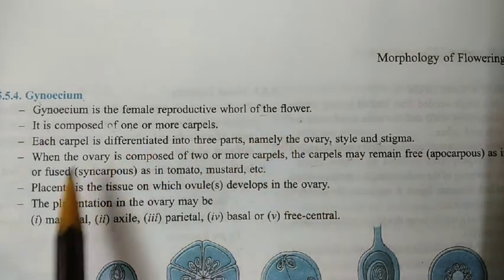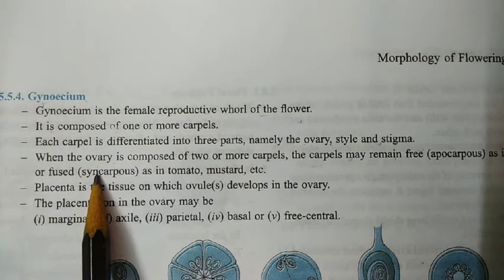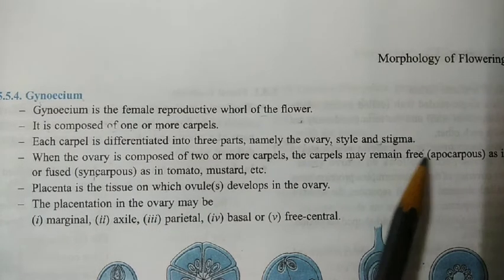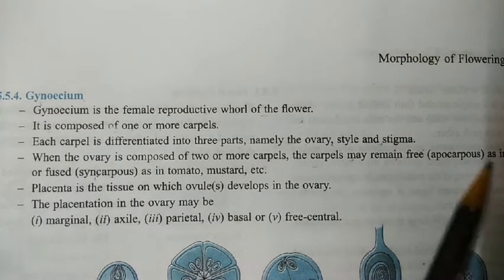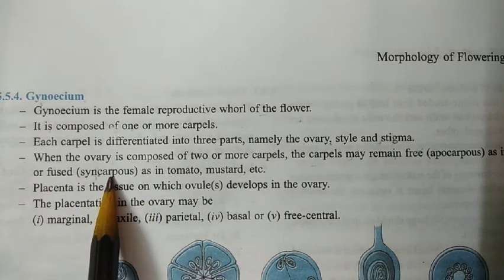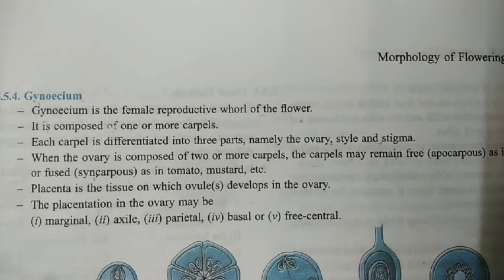Or when the carpels are fused, then this condition is called syncarpous. Apocarpous is found in rose and lotus, and syncarpous condition is found in tomato and mustard.